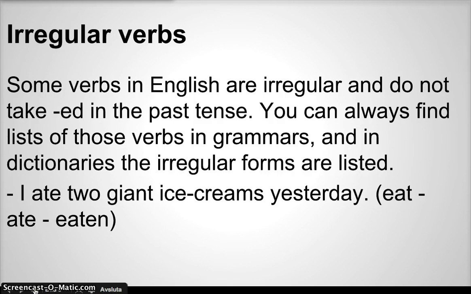Eat would have ate and eaten after it. And so if I want to tell you that I did something yesterday and the verb here is eat, since it's an irregular verb, it would be: I ate two giant ice creams yesterday.